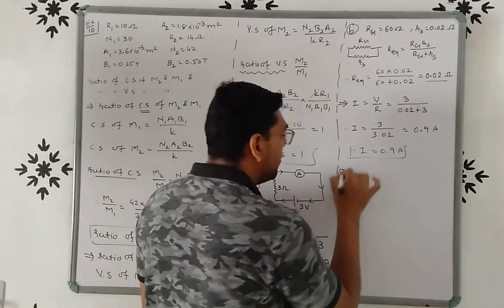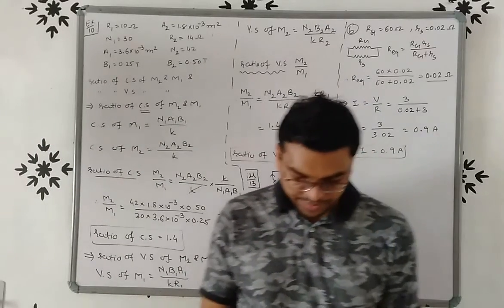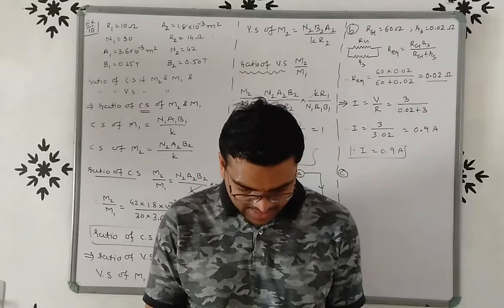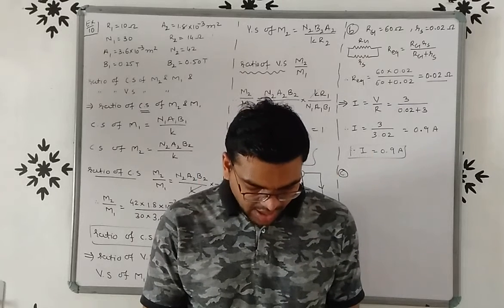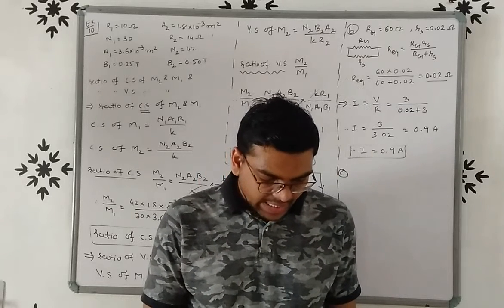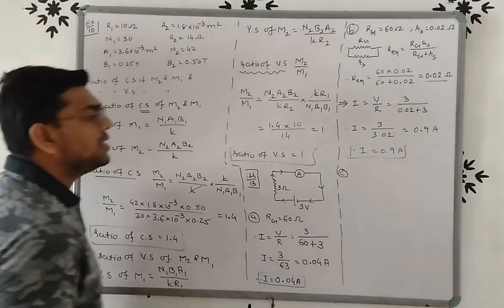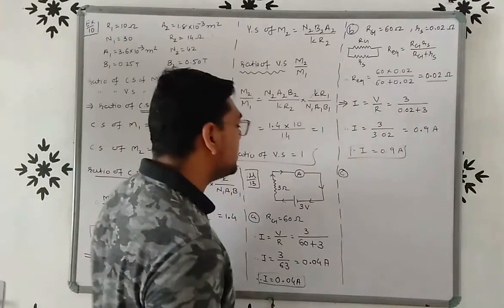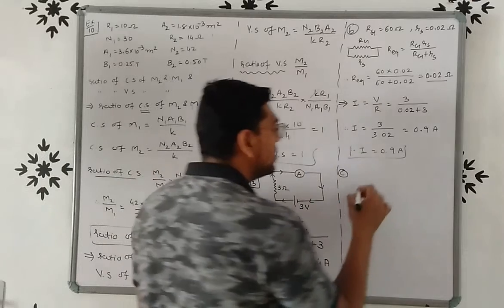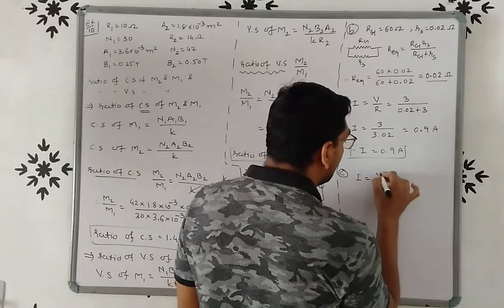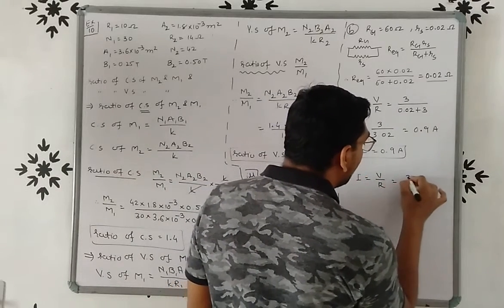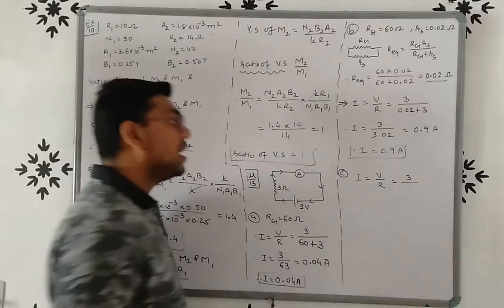Now we will discuss our last case C. If an ideal ammeter with zero resistance. So here the resistance of ammeter will be 0. So once again, to find out current I is equal to V by R, value of V is 3. Now resistance.